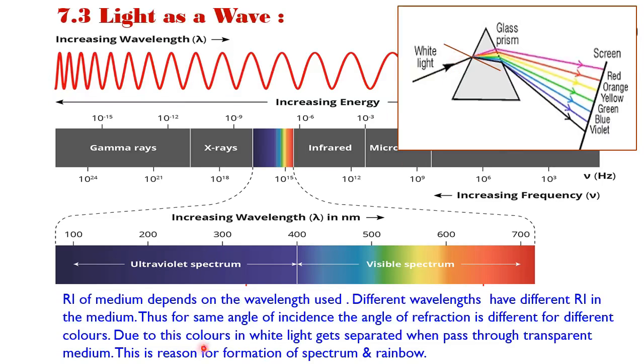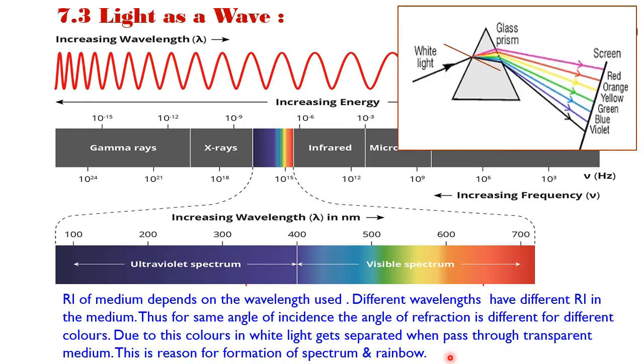And due to this, colors in white light get separated when passed through a transparent medium. This is the reason for the formation of spectrum and rainbow. So what we say is, as different wavelengths have different refractive indices in the medium, for the same angle of incidence, the angle of refraction for different colors is different.